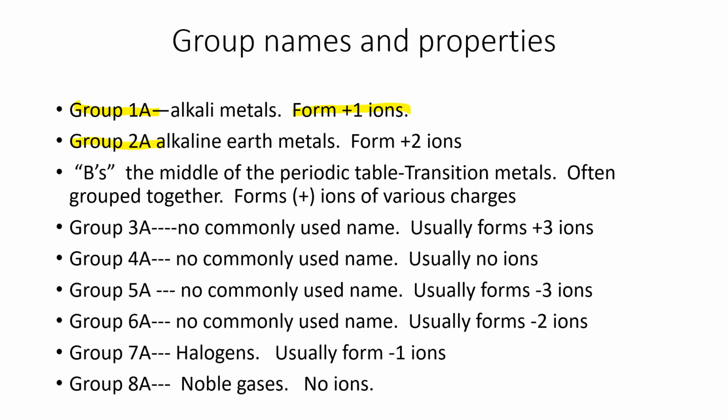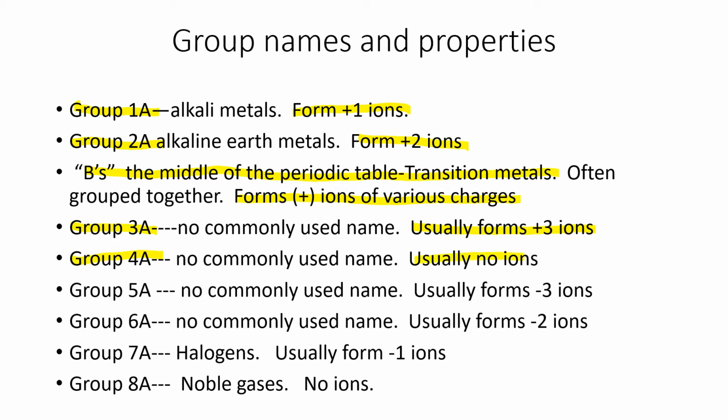Group 2A, positive 2 ions. All of these B groups in the middle are the transition metals. Remember, we're going to have a special rule for those because they form positive ions of various charges. Group 3A forms +3 ions.